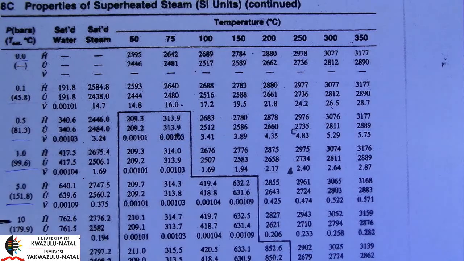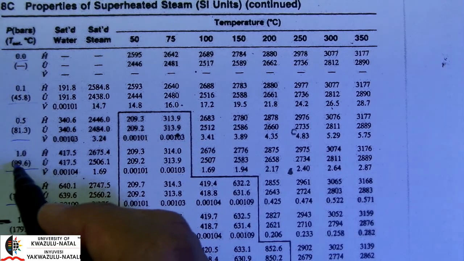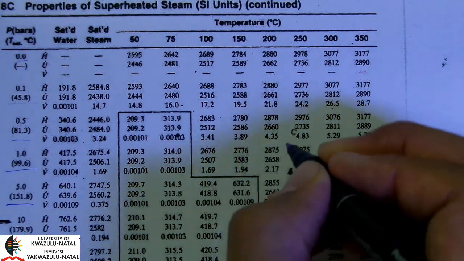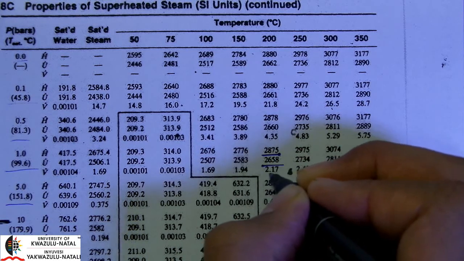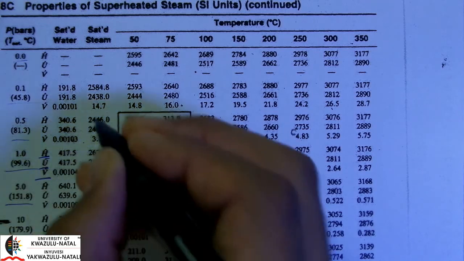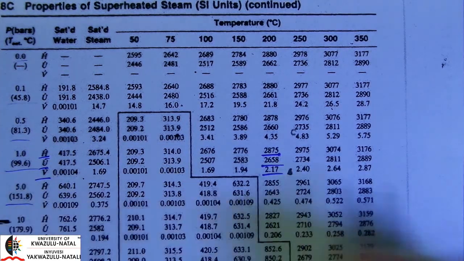So if we take for example a pressure of 1 bar, and if we are concerned with water at 200 degrees, we can obtain our enthalpy, our internal energy, and our specific volume. That is why we have 3 rows here for each pressure.